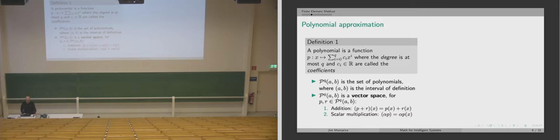We saw how we can define a vector space of functions by having addition, which is element-wise addition between two functions, and scalar multiplication, which is just scalar multiplication of the elements of the image of the functions.